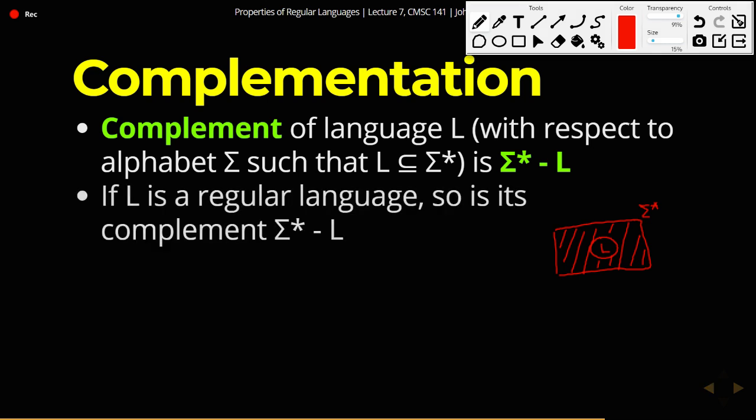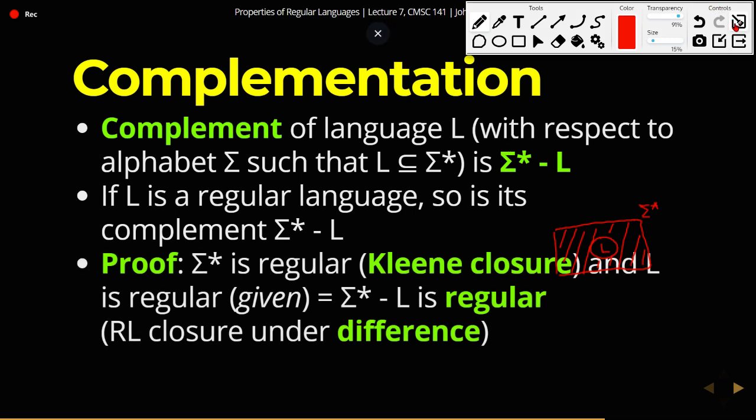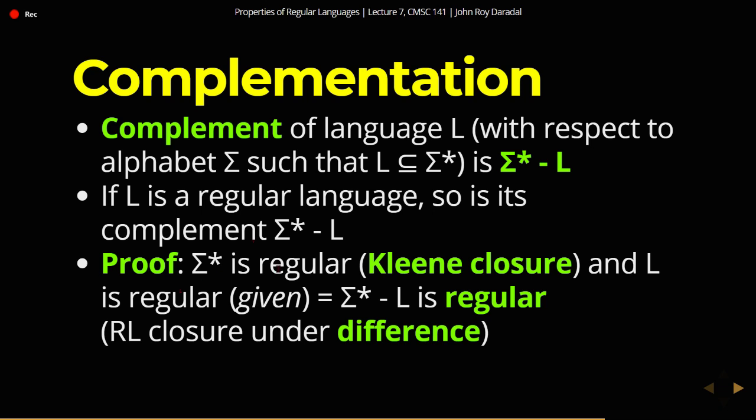If L is a regular language, so is its complement. Sigma star minus L is also regular, and the proof is that sigma star is automatically regular because it is just the Kleene closure, and L is regular because it's given to be regular. So sigma star minus L is also regular because it is just a difference of two regular languages, and we have already seen that regular languages are closed under difference.